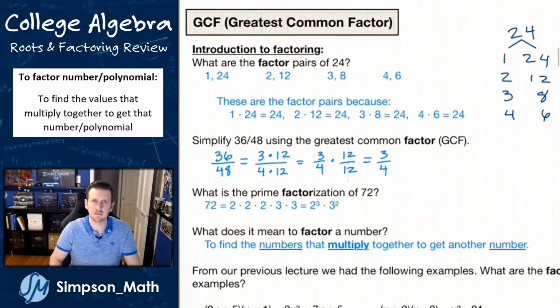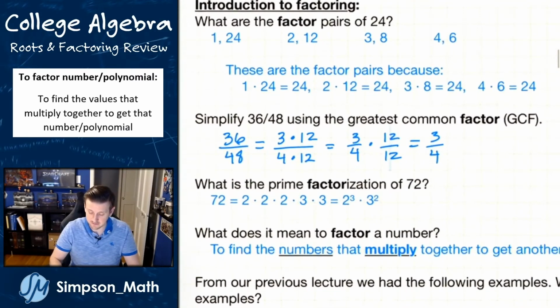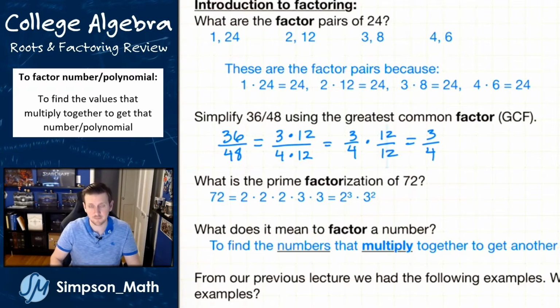All right, so let's simplify 36/48 using this idea of the greatest common factor. If I said let's reduce 36/48, you might know that they're both even, so you could try that. There's also 3s, there's also 4s. Ultimately, you should check and see that both 36 and 48 have a 12 in common.